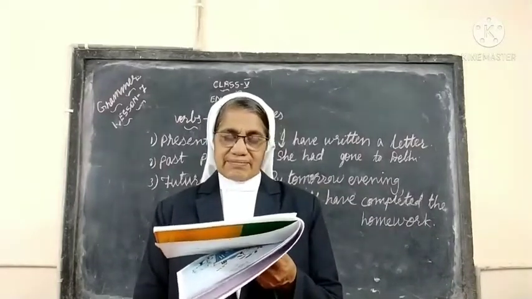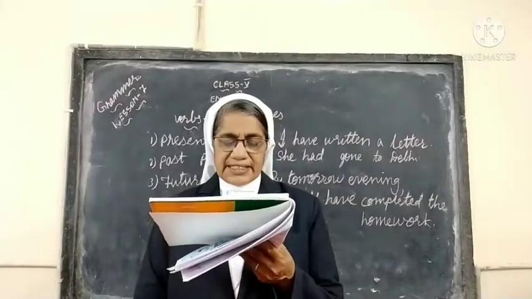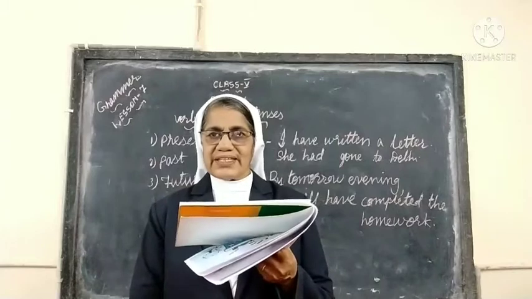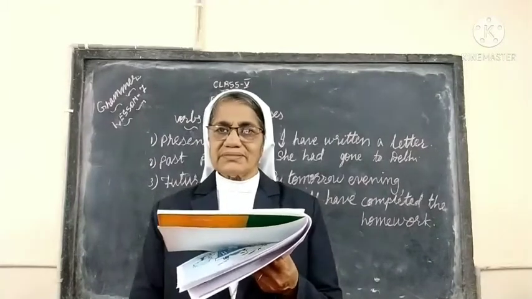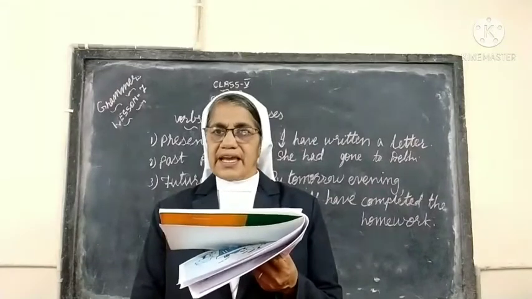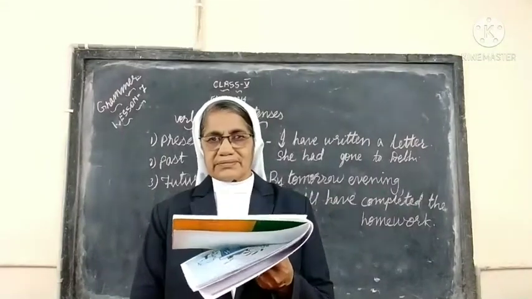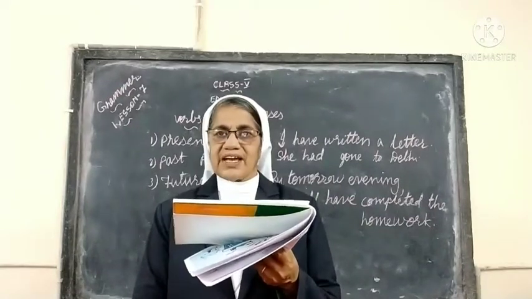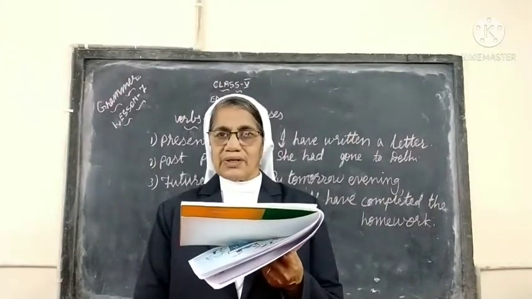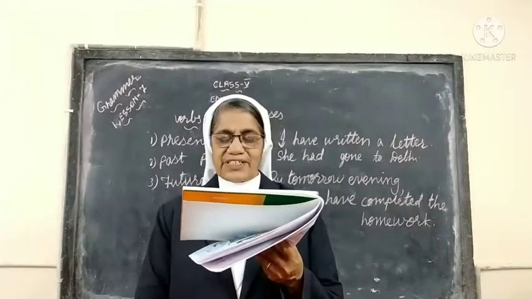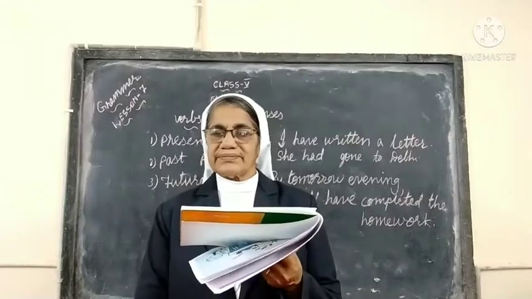Then third sentence. Rajat had reached home before his father came. Can you say the answer now? Negative. Rajat had not reached. After had, you should put not. Rajat had not reached home before his father came.